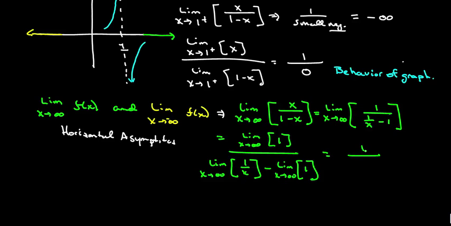Nothing happens to 1, it stays there. The limit as x becomes really large of 1 divided by a really large number goes towards 0. And the limit as x goes to infinity of 1, nothing happens. It just stays at 1. So we work with this and we get 1 over negative 1, which is negative 1.